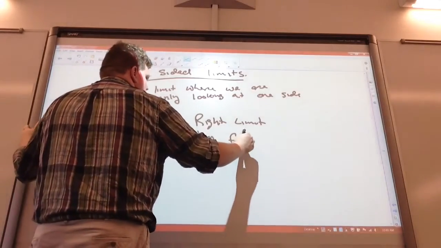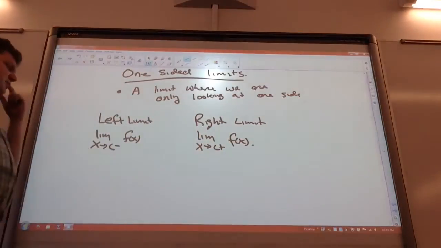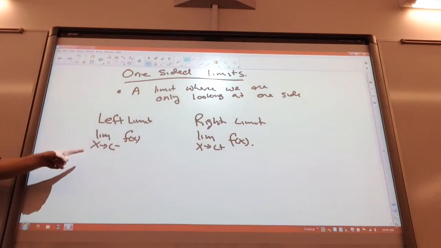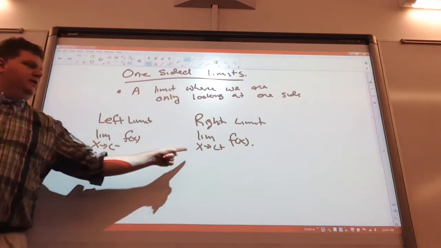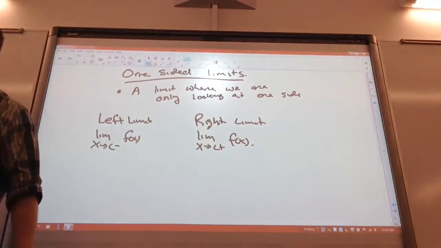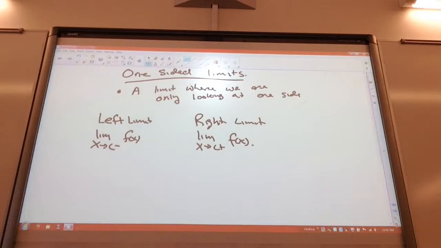The reason why it's minus and plus is that I'm going to look at the values less than c, and I'm going to look at the values greater than c, to try to determine the right limit, okay?